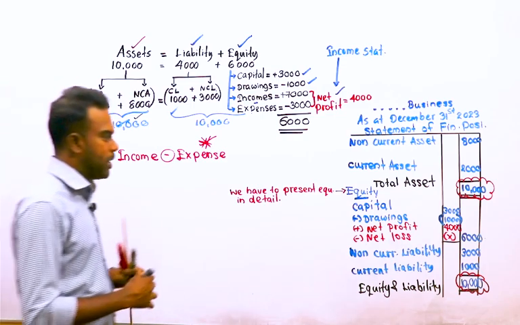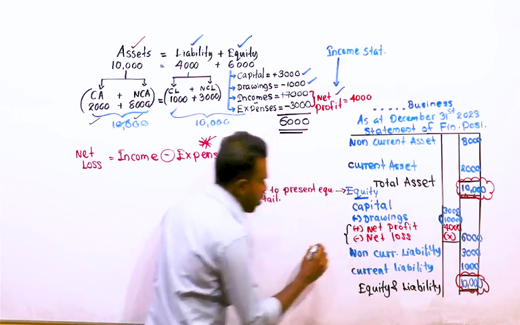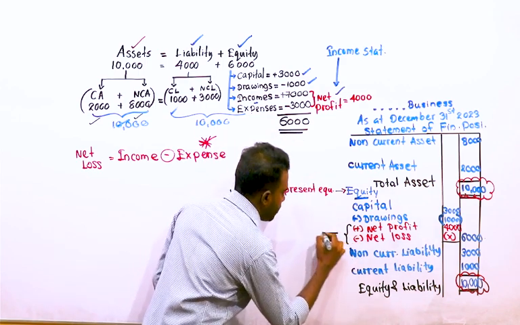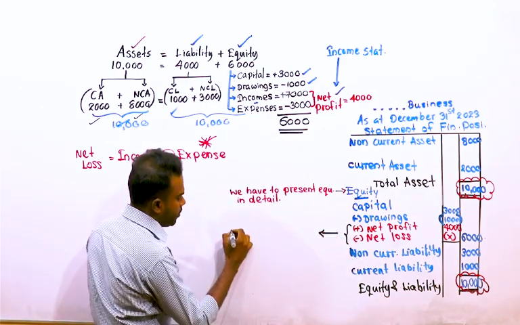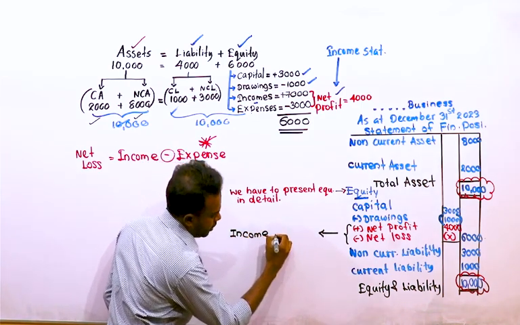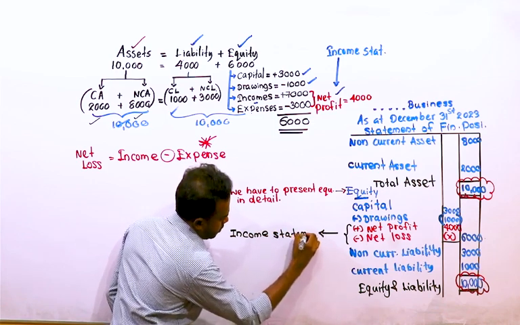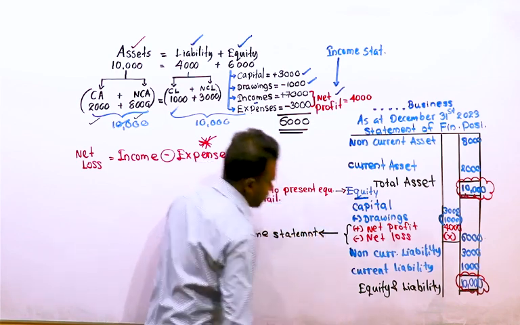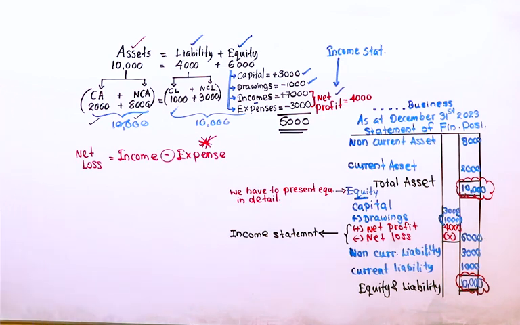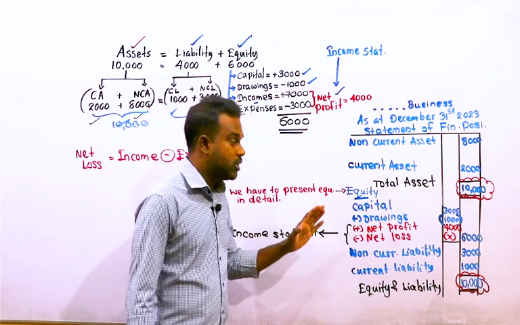And also normally keep in mind this one. Finally, net profit and net loss you have to get from the income statement, by preparing the income statement. Write down that one also as part of the net profit and net loss statement. Understood. Can't you see the equation here?